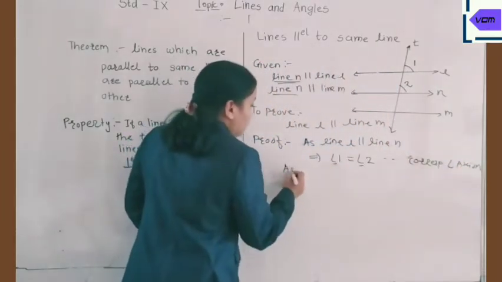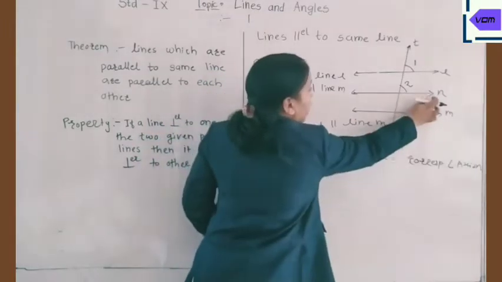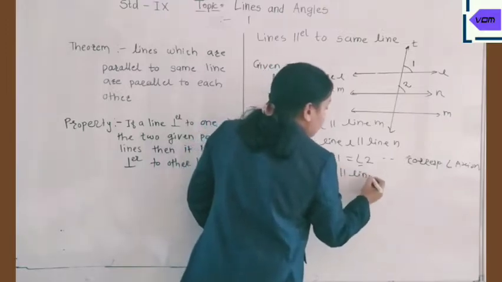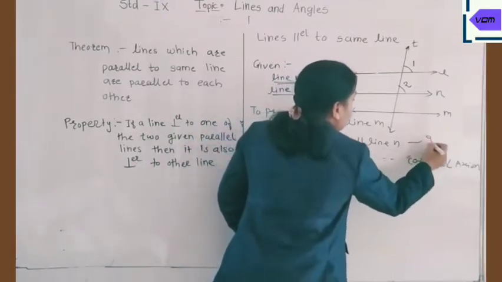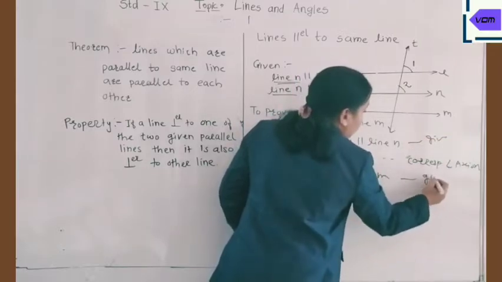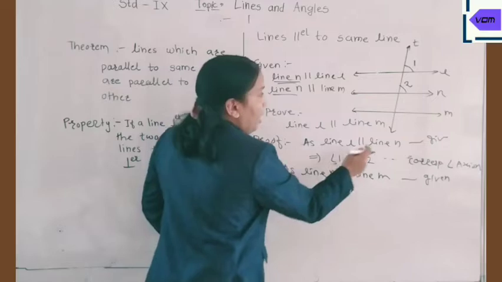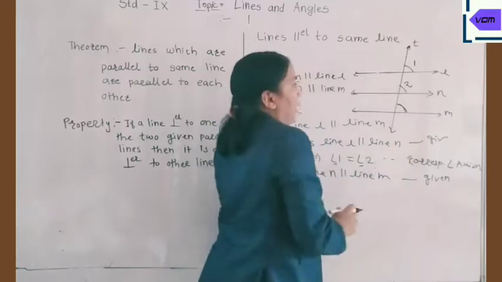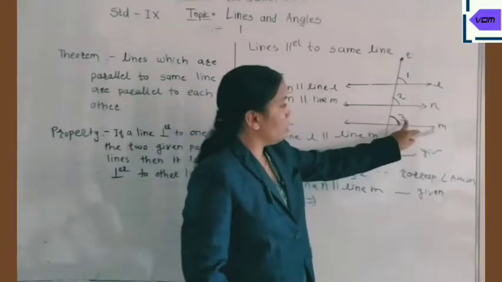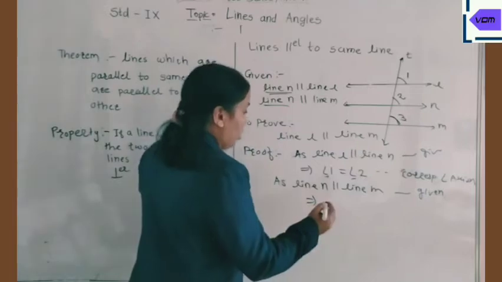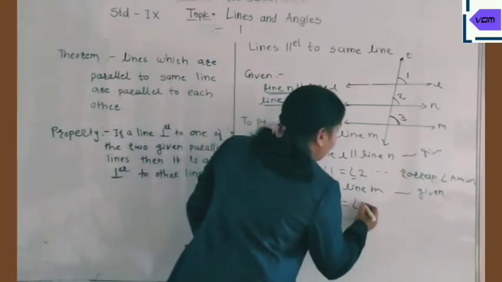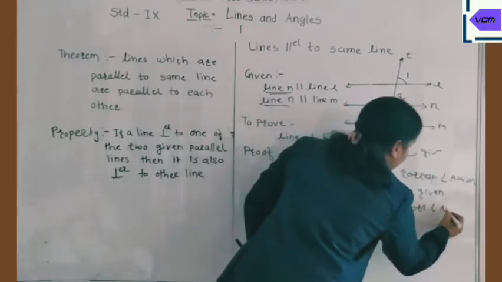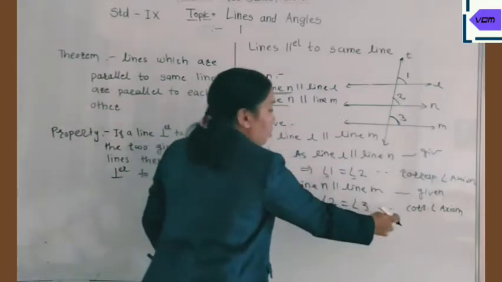Now also, as line N is parallel to line M, and this is also given to you, this angle is also equal to this angle, as these two lines are parallel. Therefore angle 2 is equal to angle 3, as these are corresponding angles. So angle 2 equal to angle 3 by the corresponding angle axiom. You have to write the reason properly.